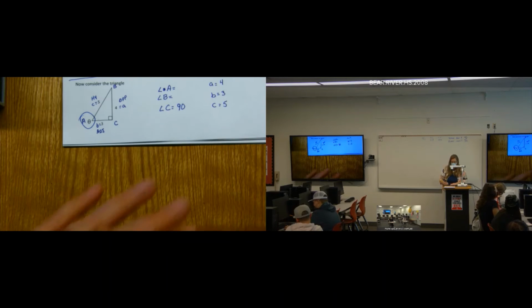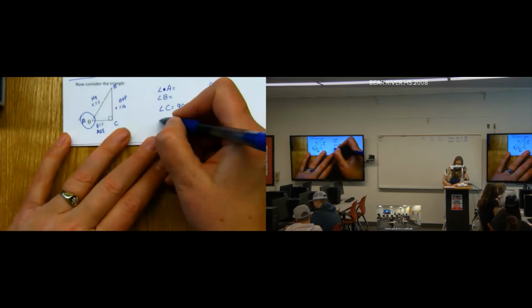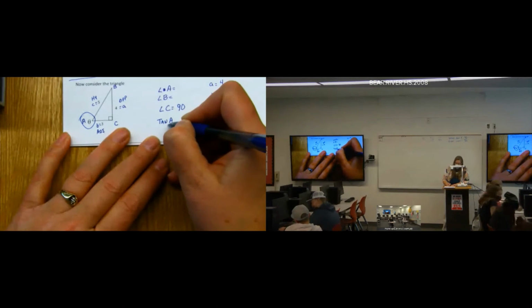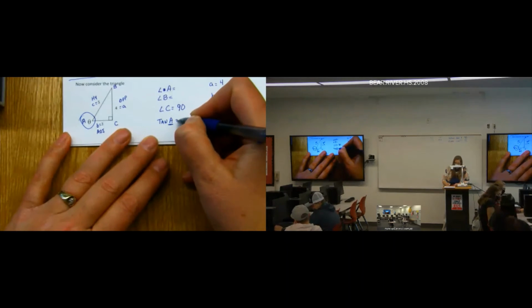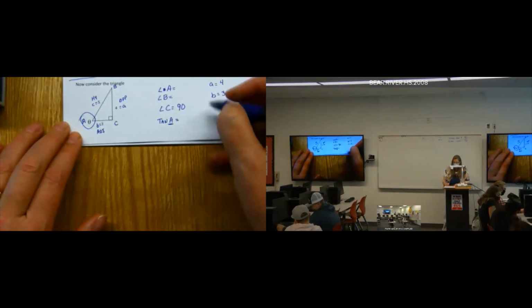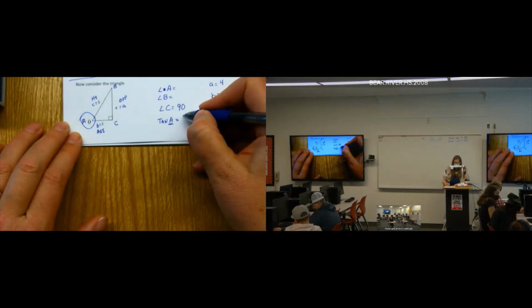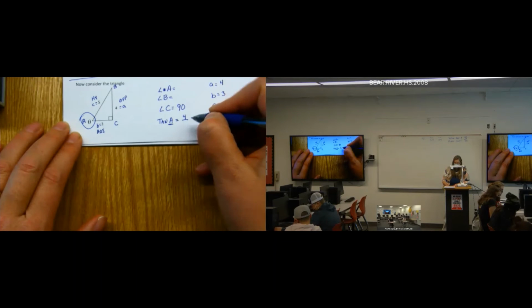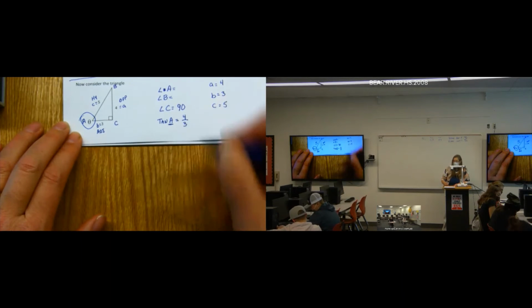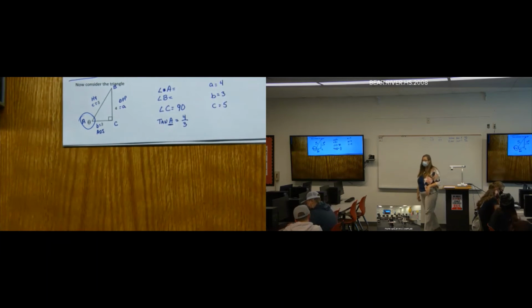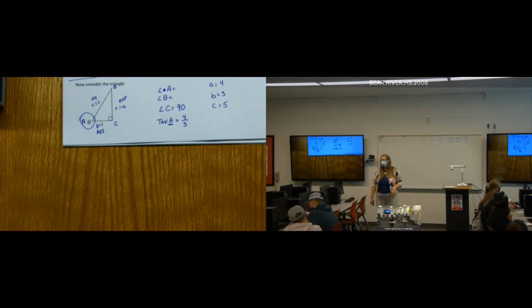TOA, you want to use tangent again? Okay. Tangent of A, which is what I'm trying to find, is equal to opposite, which is 4, over adjacent, which is 3. How many variables do I have in that equation? 1, right? Just the A. So here's how it works.